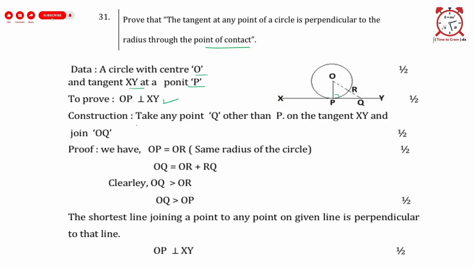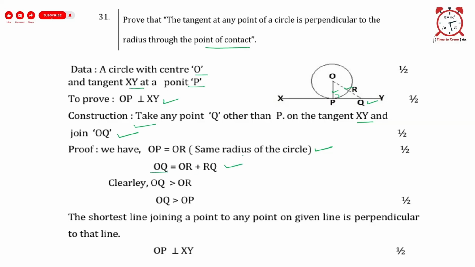So this construction also we will write here. Take any point Q other than P on the tangent XY, and we also join OQ. Now OP equal to OR, it is very clear, they are the radii. So that we have to write here, and this equation also we have to state here.